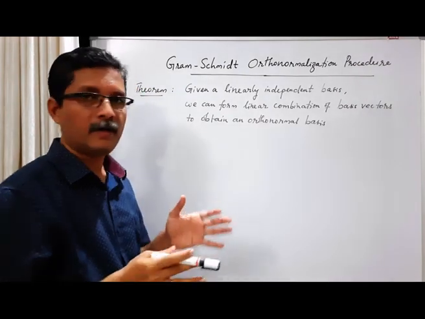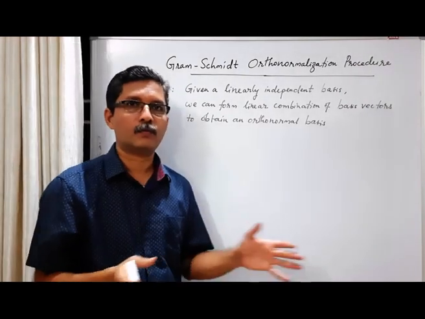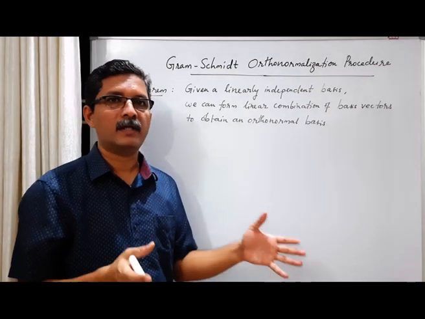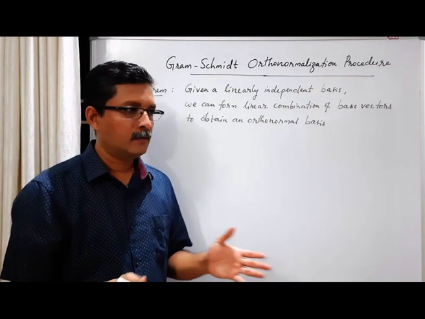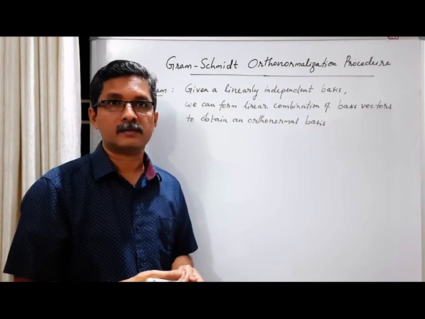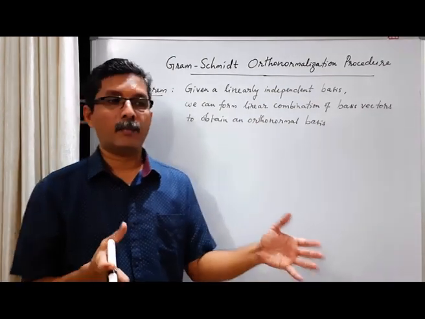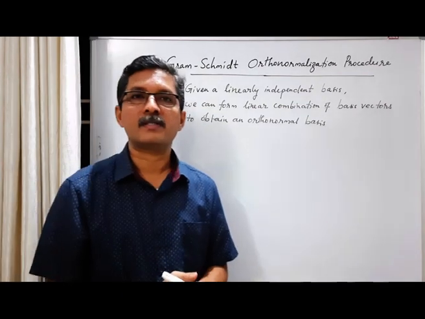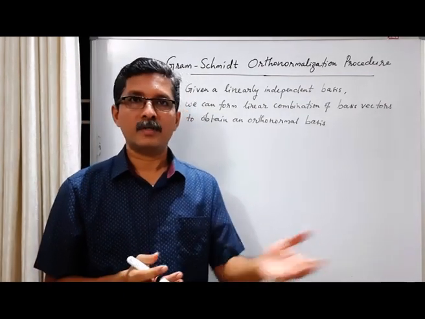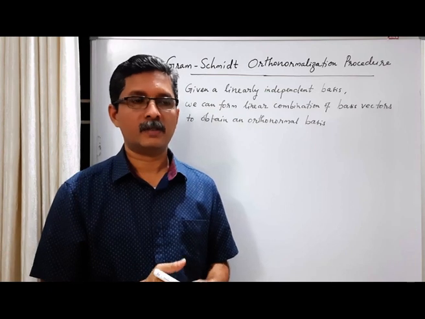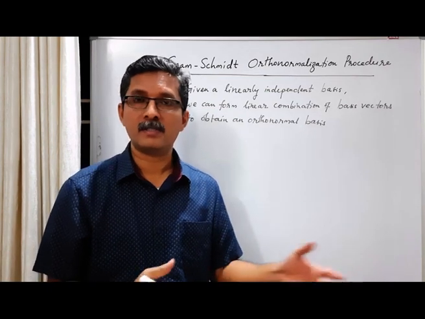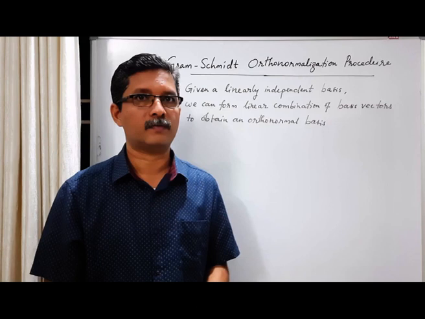Okay, so suppose we have a set of vectors which are linearly independent. They can be basis vectors. We know that when the number of linearly independent vectors in a set is equal to the dimension of the vector space, then they form a complete set and they can act as the basis of the vector space.